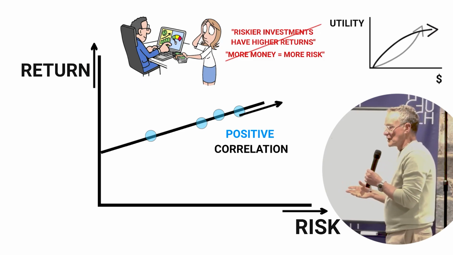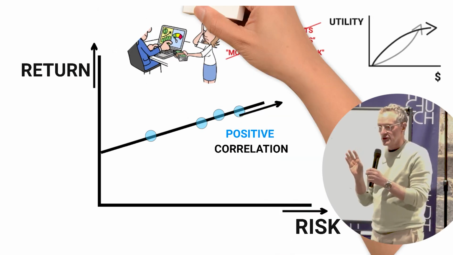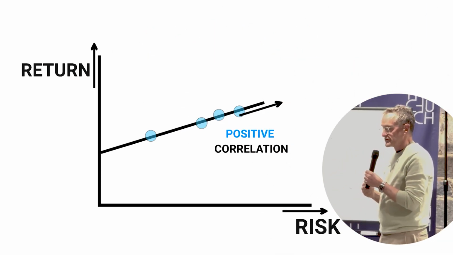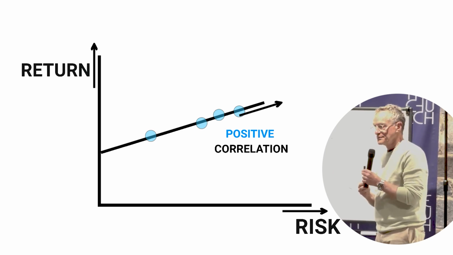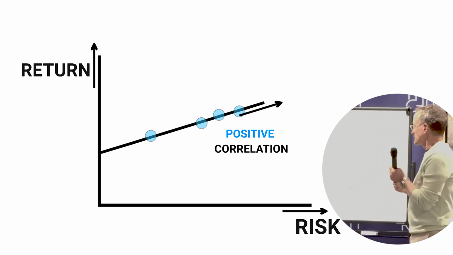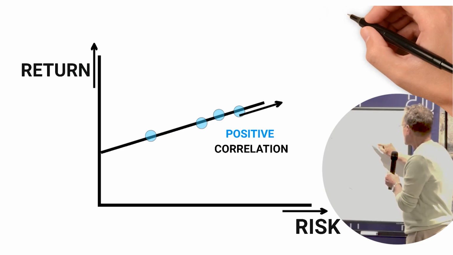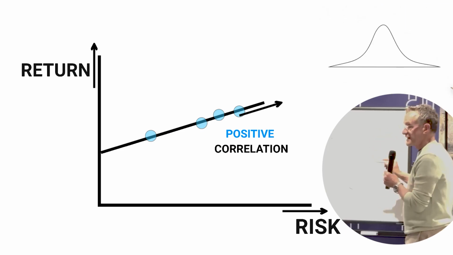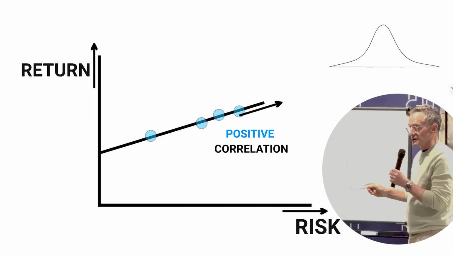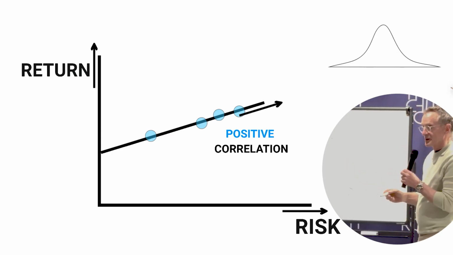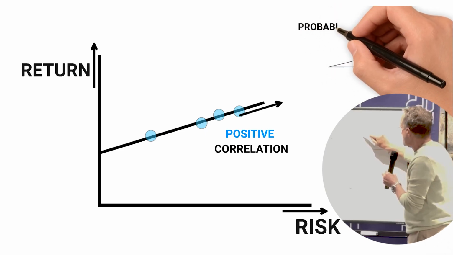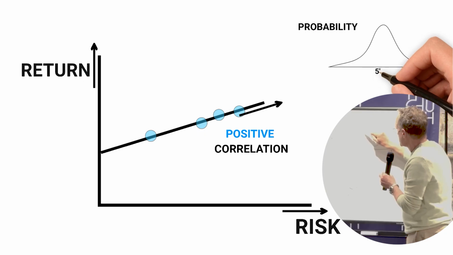So I was never happy with the original formulation that riskier assets have higher returns, and so I imposed some of this, what we call a bell-shaped curve in our business. It's a probability distribution that defines outcomes. Well, or not necessarily just outcomes, but let's say on this axis we have the height of people, let's say men, and this is the probability.